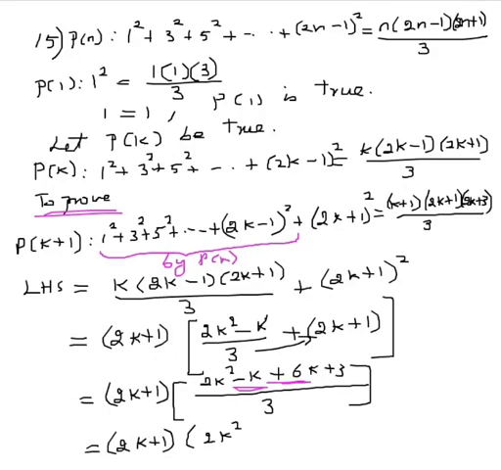Add these two terms, we get 5k divided by 3.